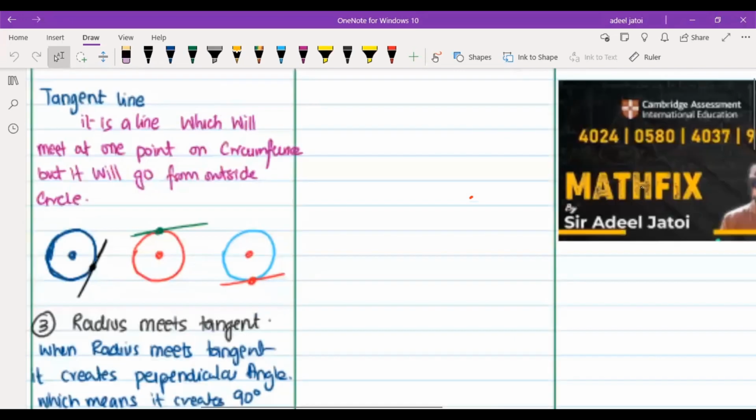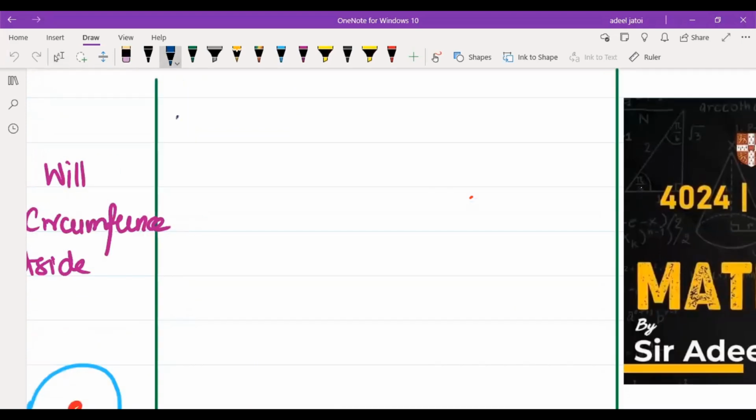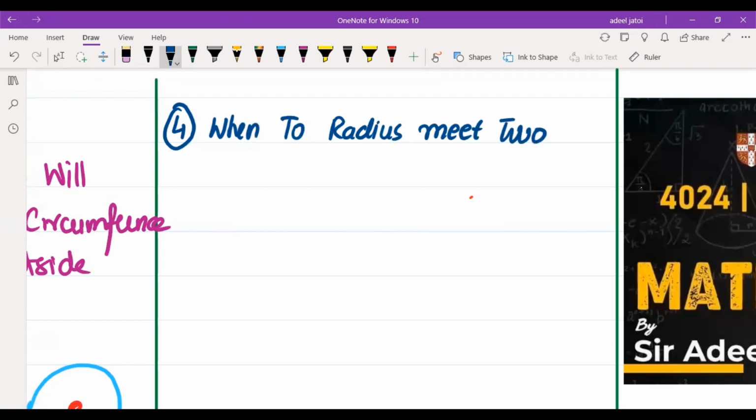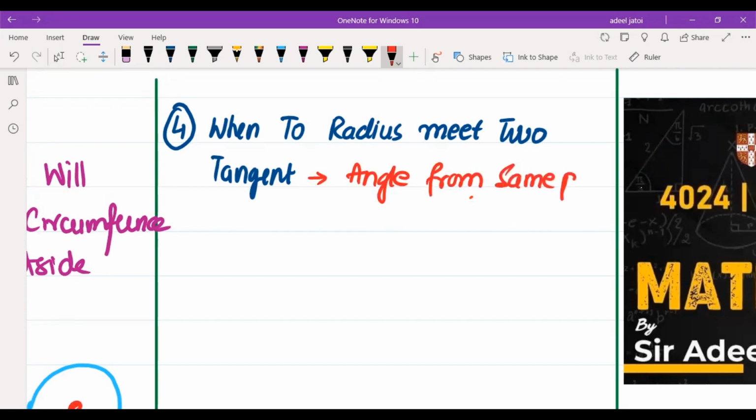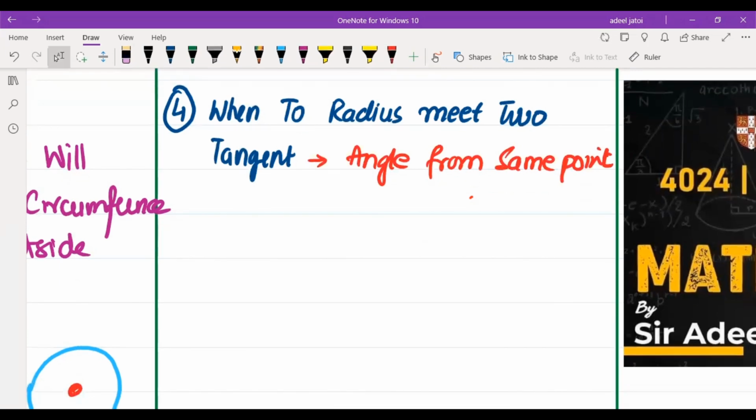Now we are working upon the fourth one, which is when two radii meet two tangents, in other words, angle from the same point. Angle from the same point. So what does this property state?